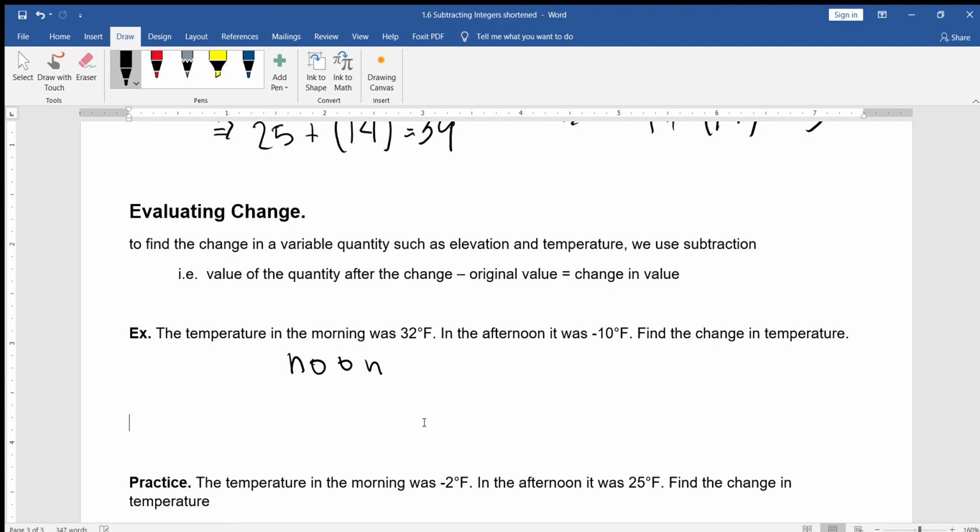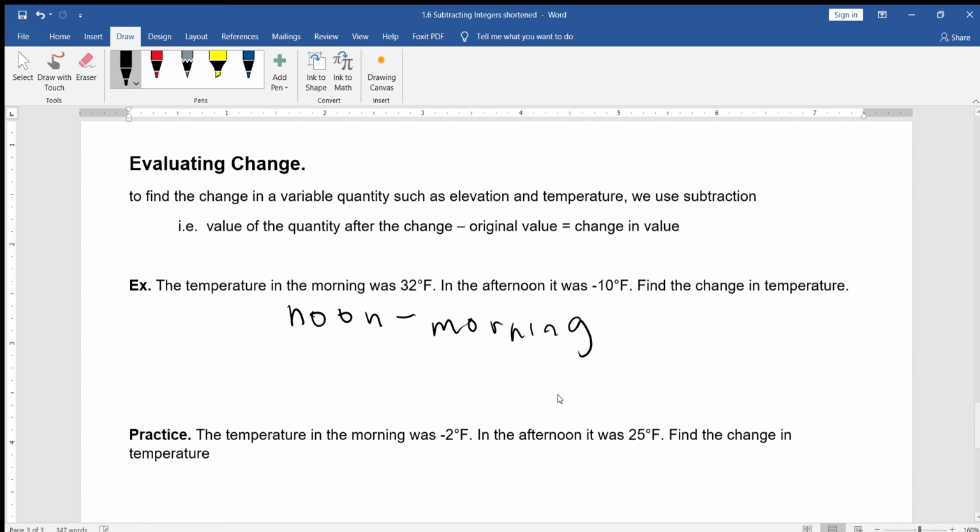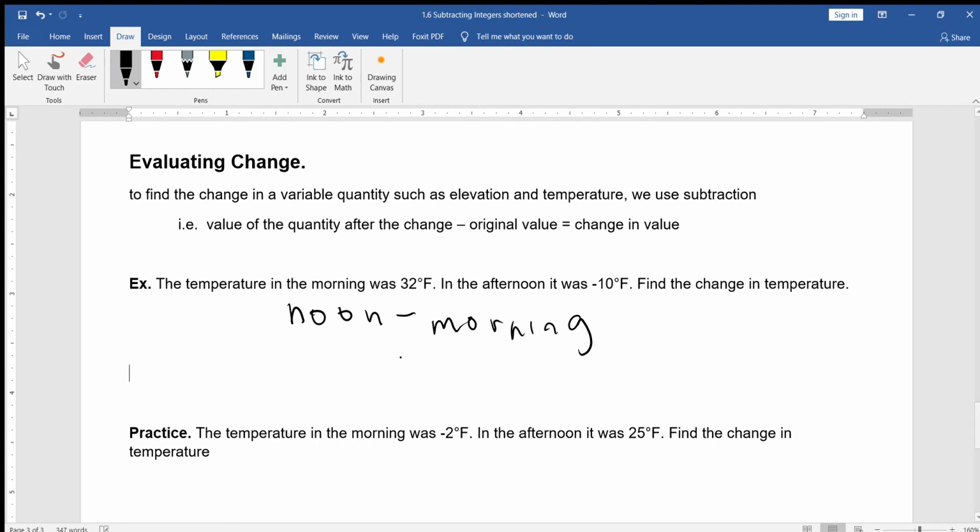Noon minus morning is basically what's the noon afternoon? Negative 10 degrees minus 32 degrees Fahrenheit. Negative 10 minus negative 10 plus minus 32.